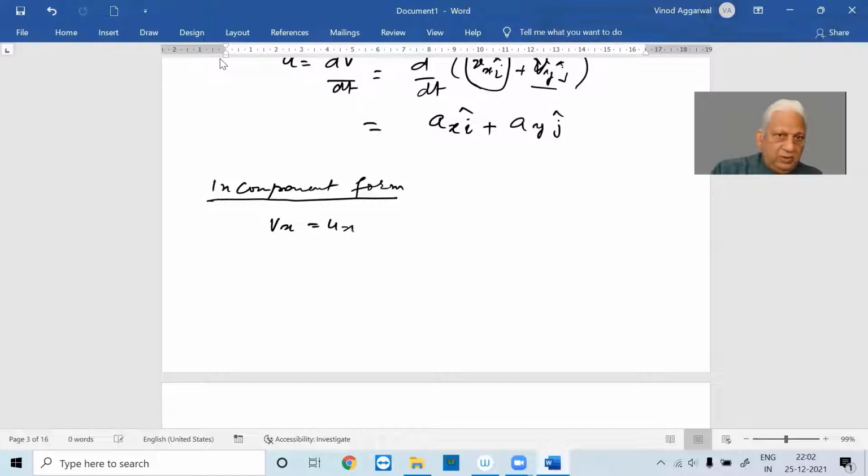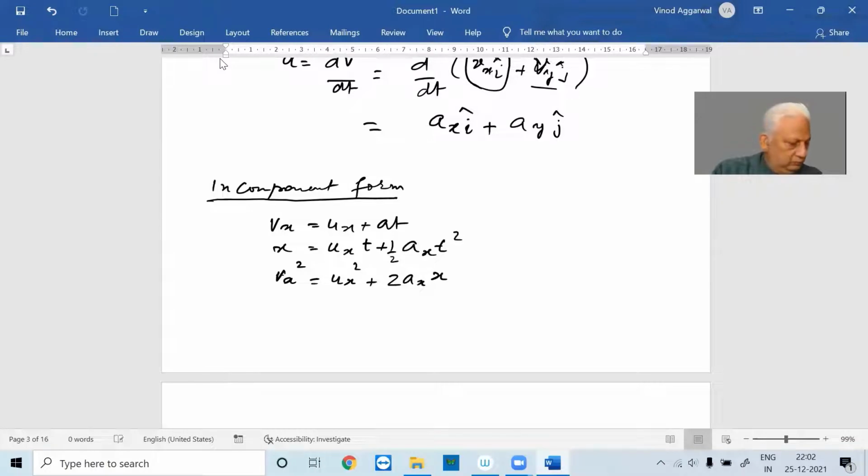Vx is equal to ux plus axt. x is equal to... These are the equations for the x component.